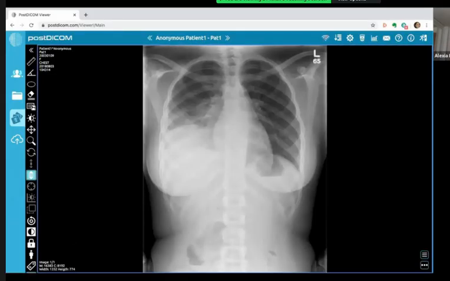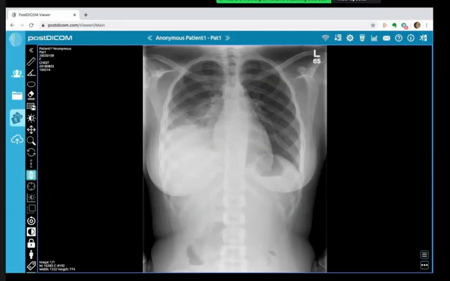So this is a frontal chest radiograph of a 17-year-old patient, as well as upper abdominal radiograph. I can see the right lower zonal abnormality in the form of well-defined opacity.